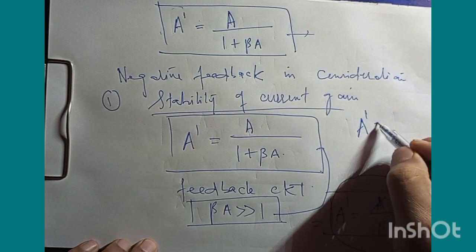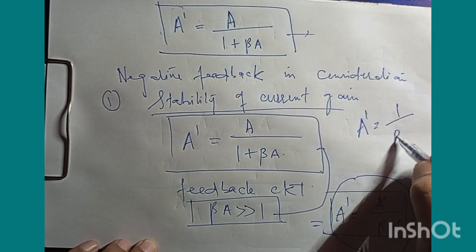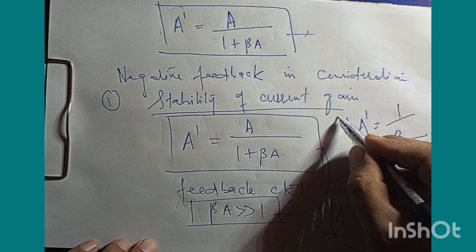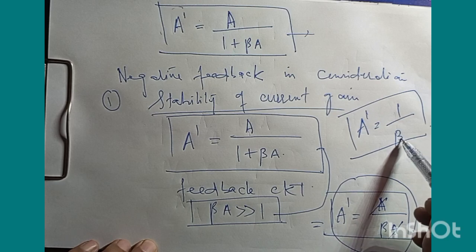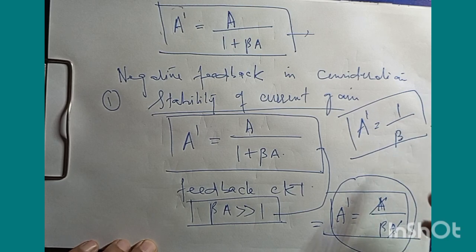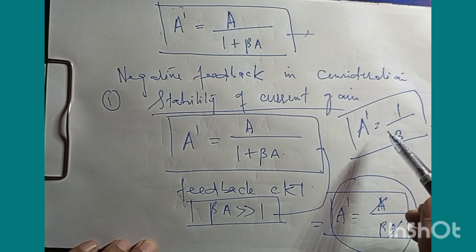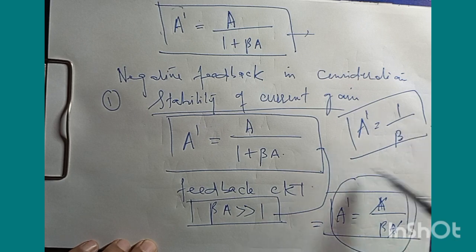A dash is 1 by beta. So beta is the feedback ratio, and we can see that there is automatically stability in the current gain of the amplifier when we are making use of negative feedback.